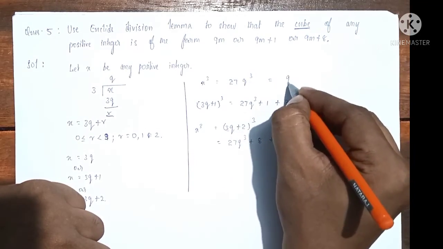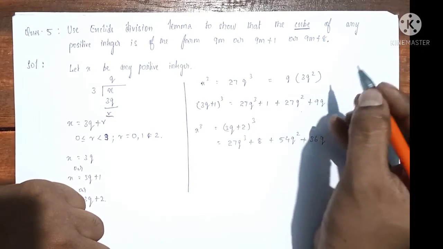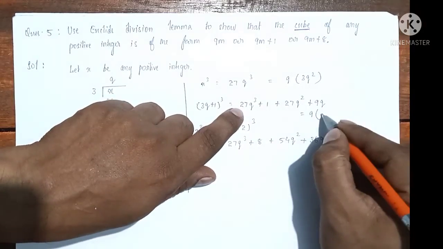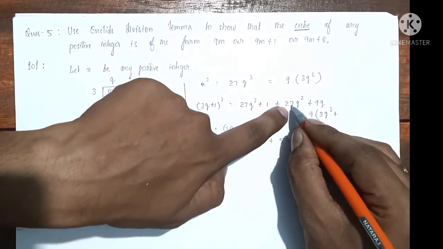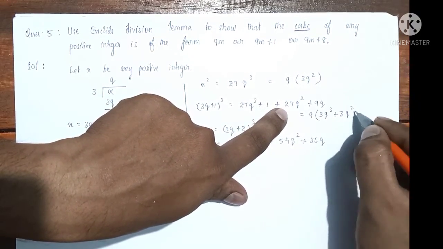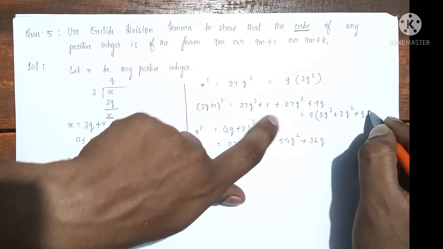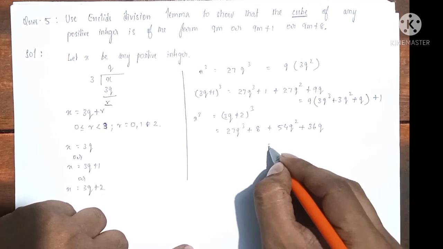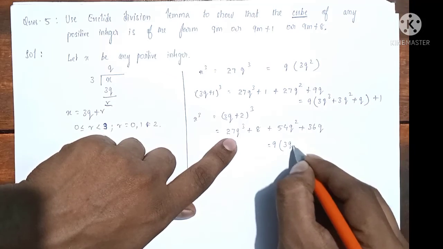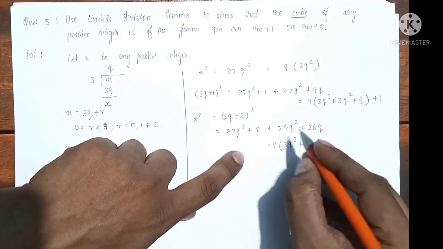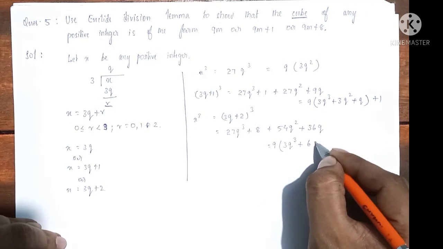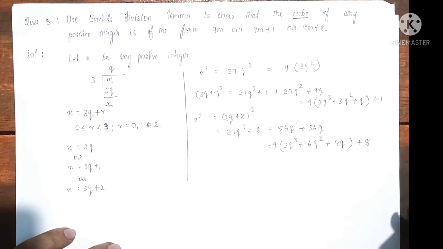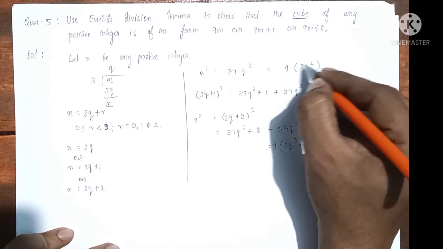So here we can write this as 9 into 3q cube. Here it will become 9 into 3q cube plus 3q square plus q, plus 1. Here also we take 9 common, so it is equal to 9 into 3q cube plus 6q square plus 4q, plus 8.